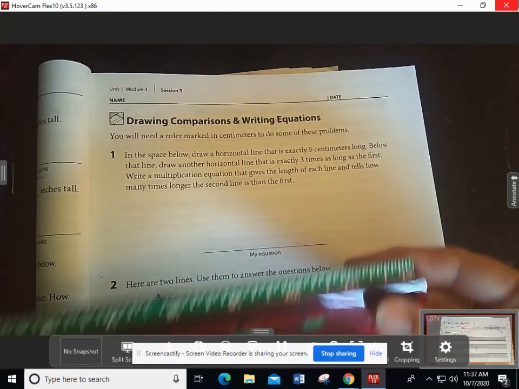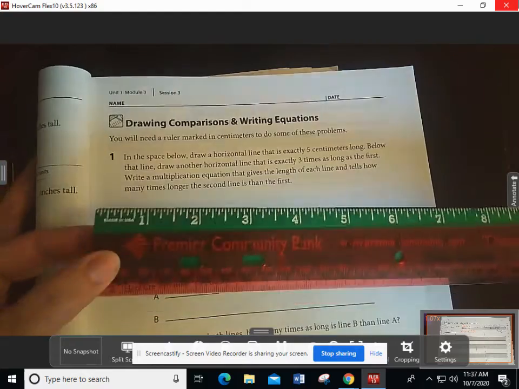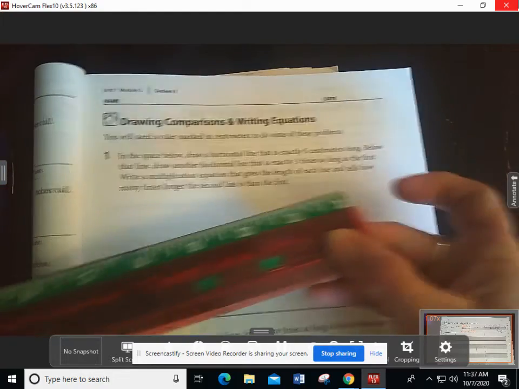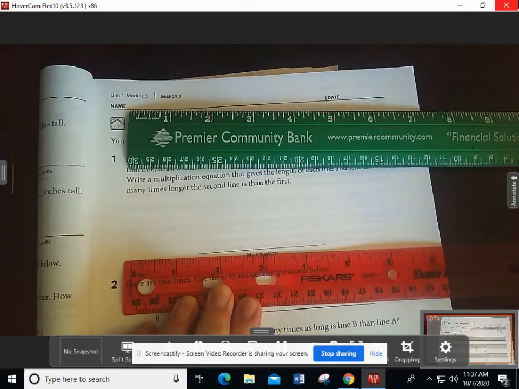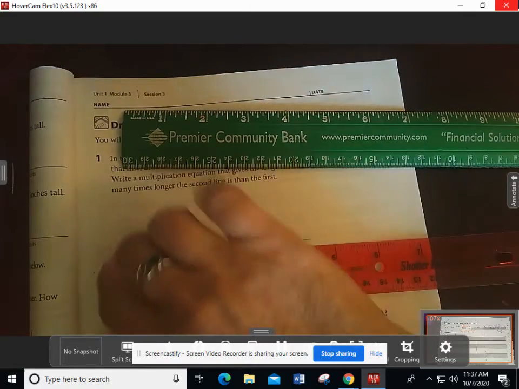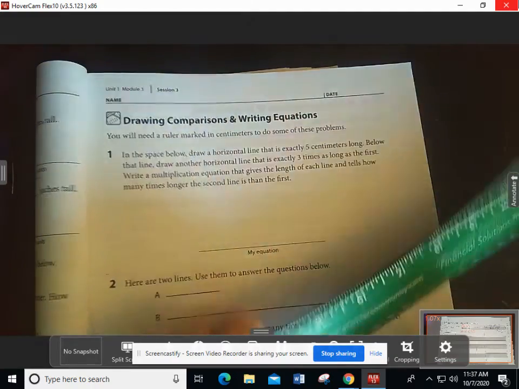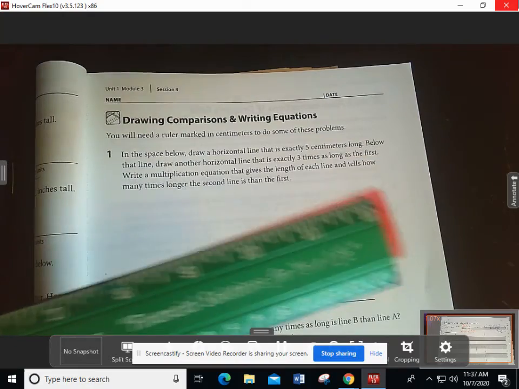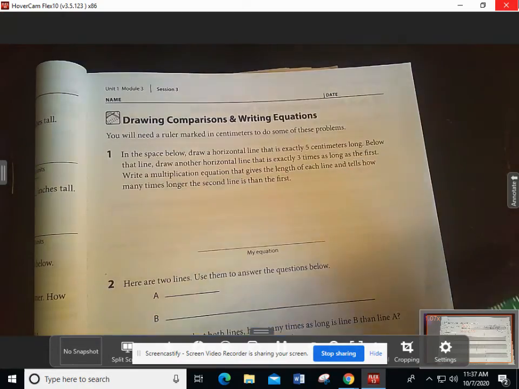If I line them up so that the 0 line is lined up, see how much it sticks over each side? So you have to be very aware of how your ruler works. If you start from outside of this, you're going to have a larger, longer line. Again, when I line them up on this end, see what sticks over.